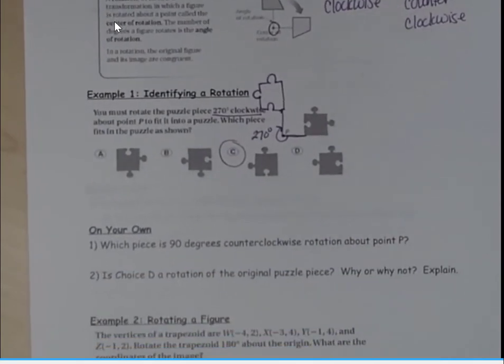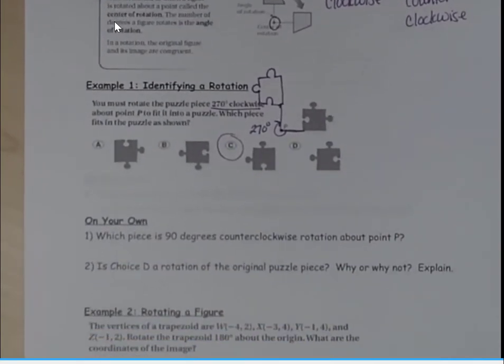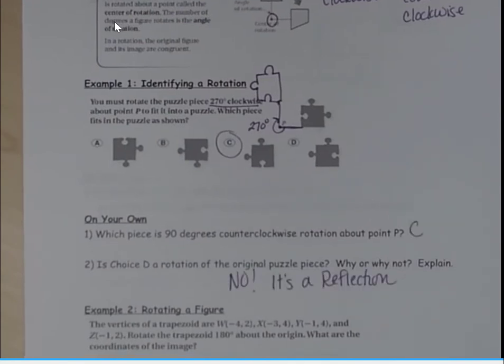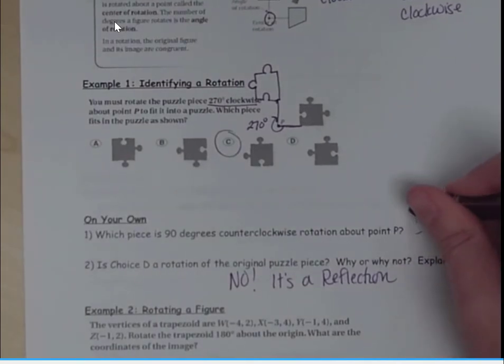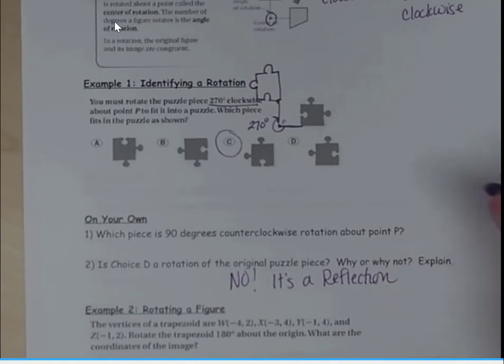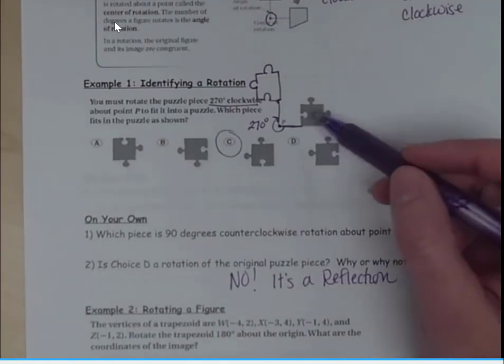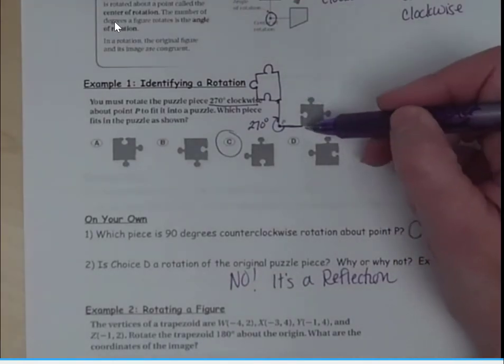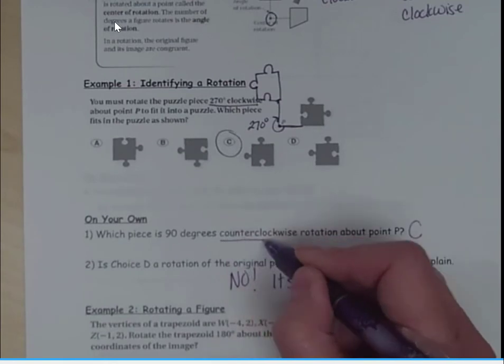All right, on your own, go ahead and answer questions 1 and 2. All right, so the 90-degree piece here, I don't know why I put C. So which piece would be a 90-degree counterclockwise, which actually would be C. I'm sorry, I was thinking the other way because we want to go counterclockwise.